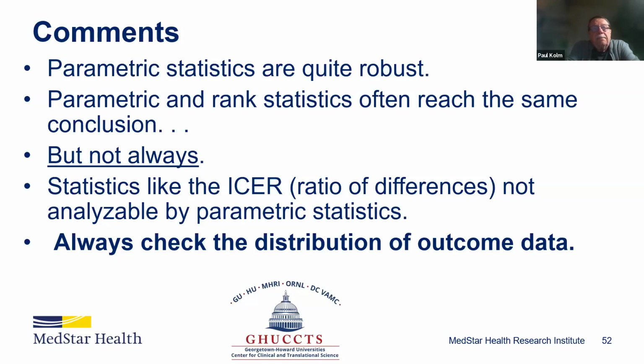So the bottom line here is always check the distribution of your outcome data. I'm not sure that's always done in studies, but oftentimes you'll see the distribution may have been checked, and it looks like it's not normally distributed, so we will do the non-parametric test.